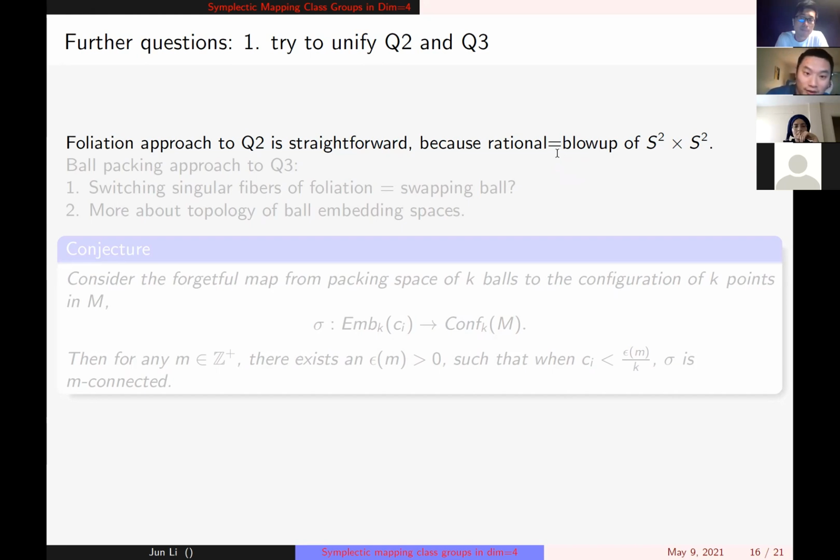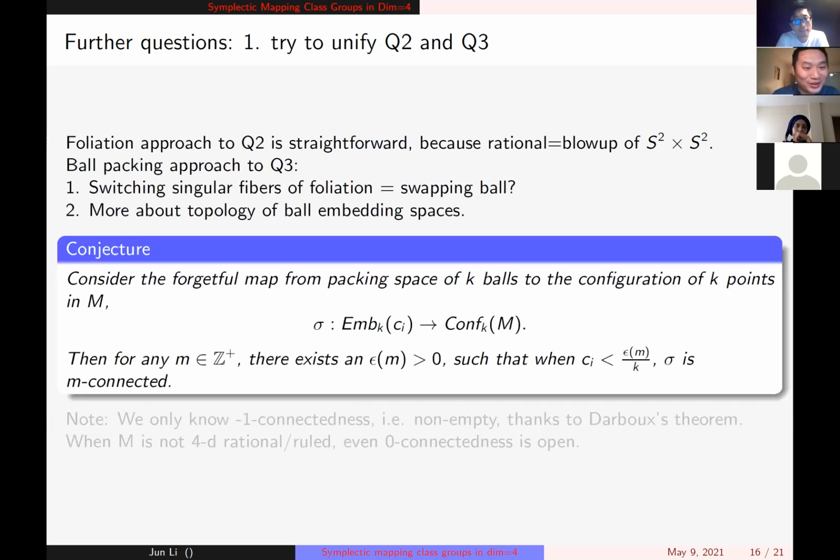But the problem is in the rational case, because the base and fibers are both genus 0, the degenerations have some interactions. So that's actually some extra difficulty there. Maybe it's not worth spending the time rewriting the proof. Okay, but this other direction does have something worth thinking of, at least in my own opinion.